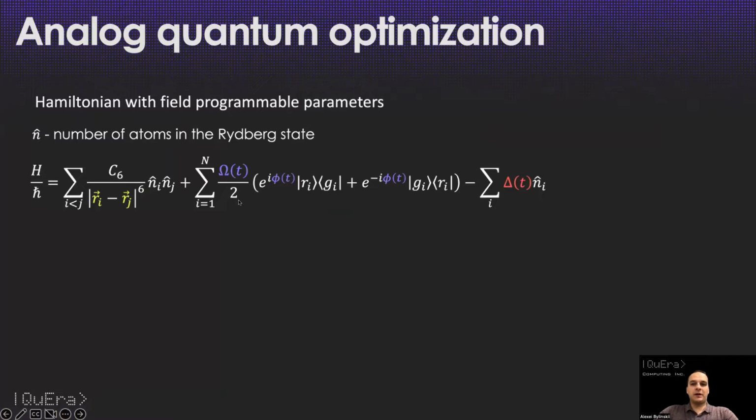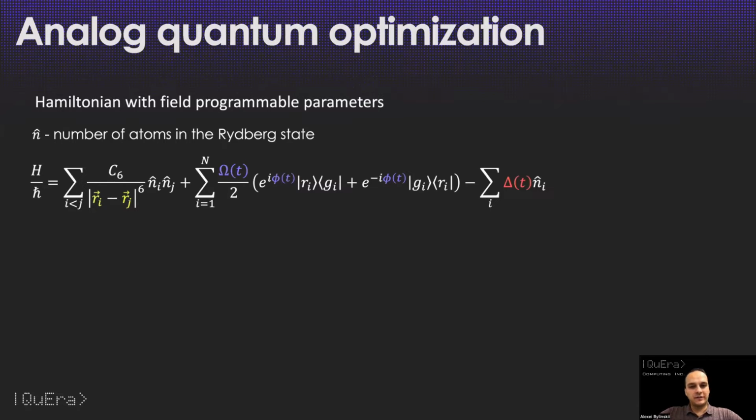Now that we've talked about this field programmable nature of our processor and how to encode optimization problems, let's talk about the analog computing part. This is where we will bring in the Hamiltonian, which is an object that physicists use to describe in detail the dynamical behavior of a quantum system. You can think of it as an energy cost function for the purposes of our optimization problems.